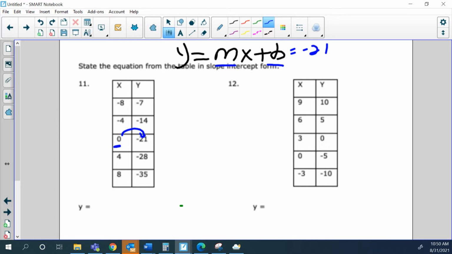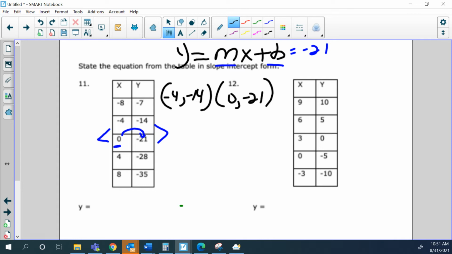I'm going to pick 2 points. Let's go with these 2: -4, -14, and 0, -21. All right. Again, next step is identify your x1, y1, x2, y2.